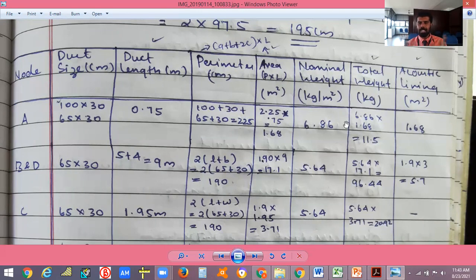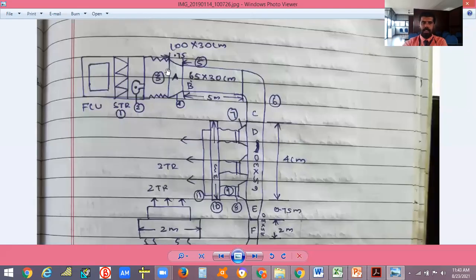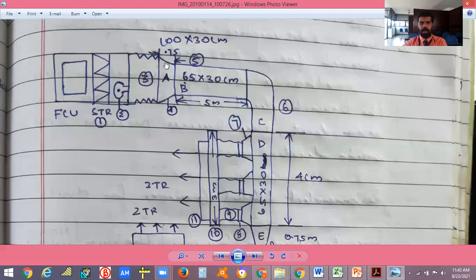Anyway, this reducer will be already occupied in that, which means we are looking for the first 3 meters only for insulation. But as this reducer is coming initially after this flexible connection, anyway, this will cover up, right?